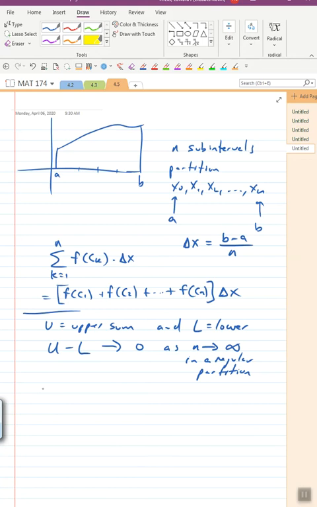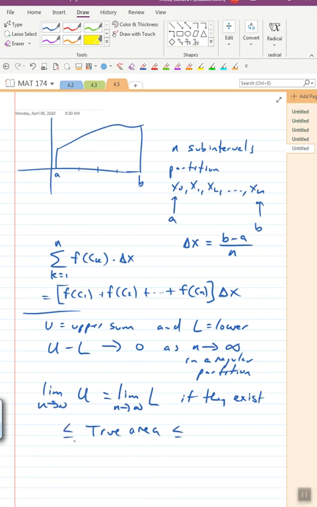And I think from there we figured out that the limit as n goes to infinity of the upper sum and the limit as n goes to infinity of the lower sum would both be equal to each other if they exist. And then the true area under the curve is where? It's in between these.